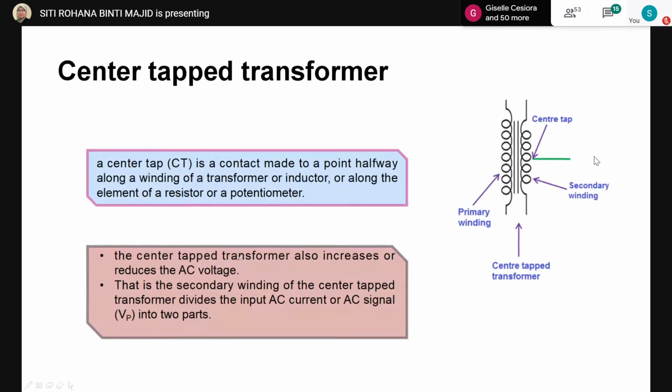The function of this kind of transformer is to increase or reduce the AC voltage, as we know a transformer's function is to increase or decrease.